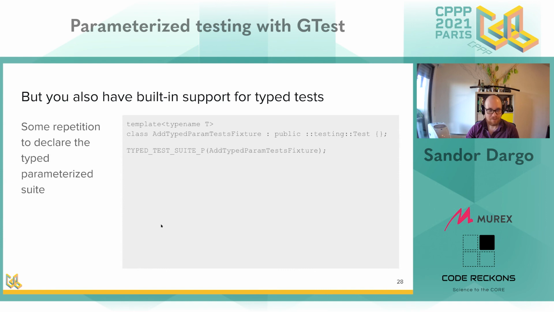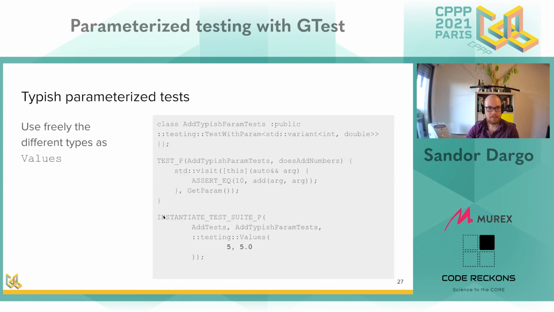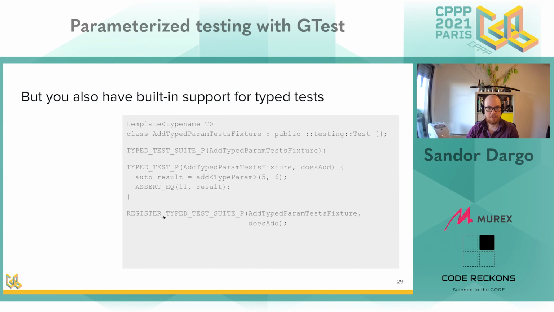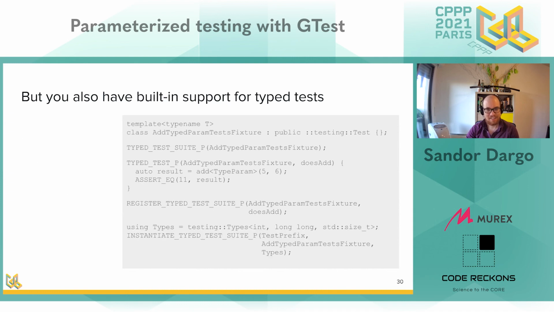And now we still have to register the type test suite p macro, and it's still not the end of it, because we haven't added the different types that we want to test.